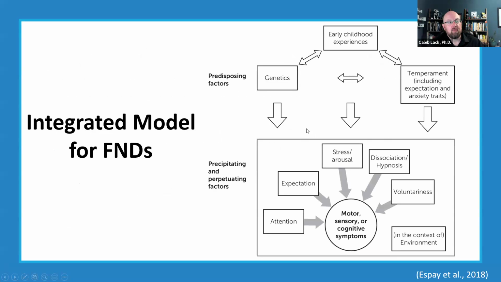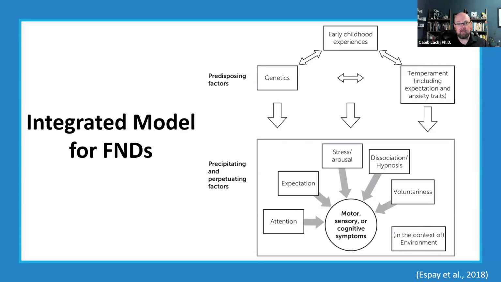So when we think about why someone is having these motor symptoms, sensory symptoms, cognitive symptoms, we can't only focus on what triggered it, right? We need to think about what the predisposing factors are that have led to things like my level of natural dissociation, my level of stress, my expectations for physical symptoms, my attention to physical symptoms, and what environmental context I am displaying these in.